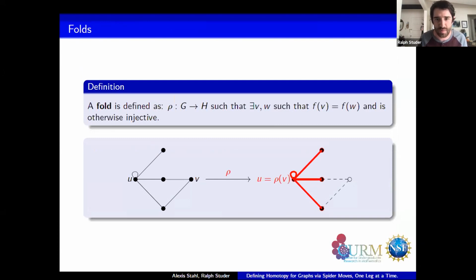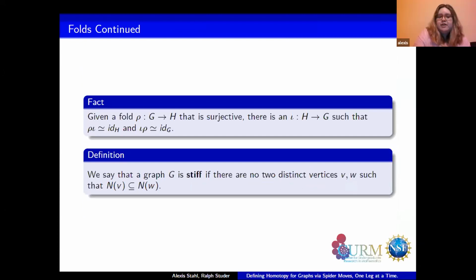We have the same example where rho of V is U. Given our folded rho, we get this iota such that rho iota is homotopic to the identity of H, and iota rho is homotopic to the identity of G. Then we define a stiff graph as one where there are no more folds available to do. You can't do any more folds.